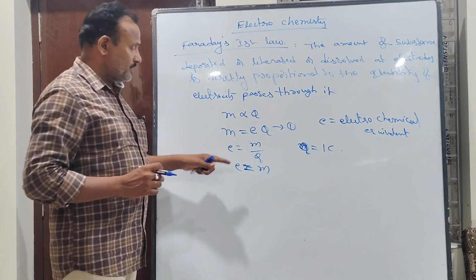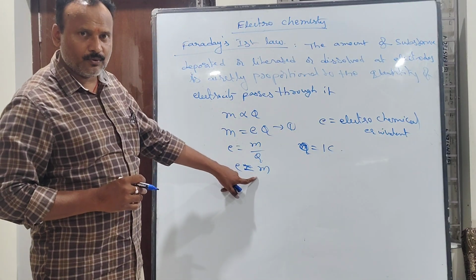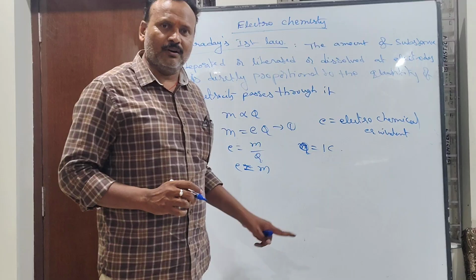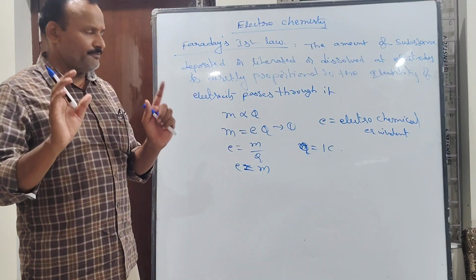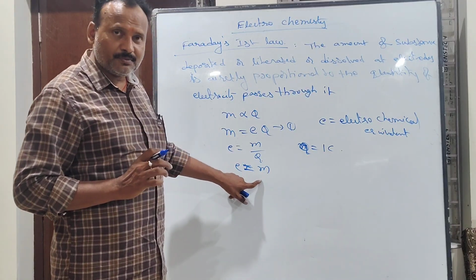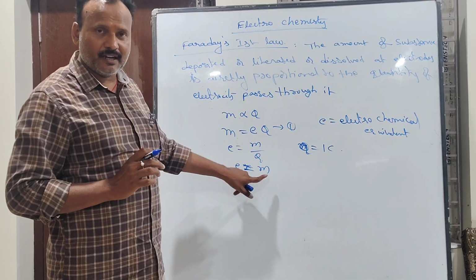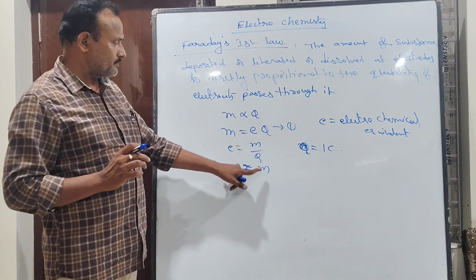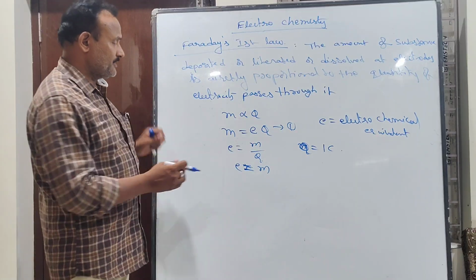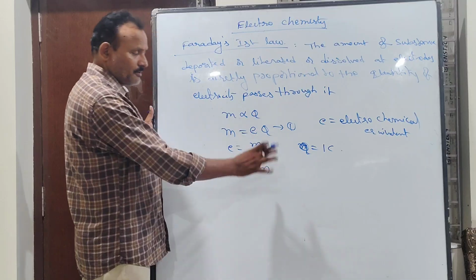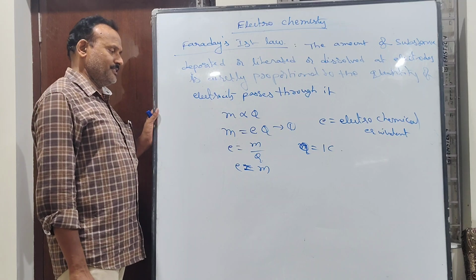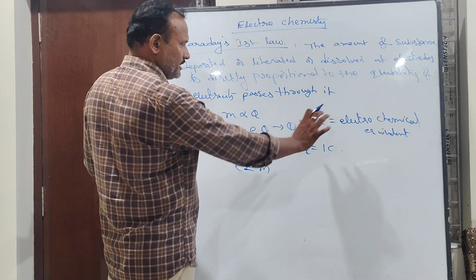That means the amount of substance deposited or liberated at electrode by passing 1 coulomb of electricity. Is it clear? Listen once again: the mass of substance deposited or liberated at electrodes by passing 1 coulomb of electricity. That is the electrochemical equivalent, right?